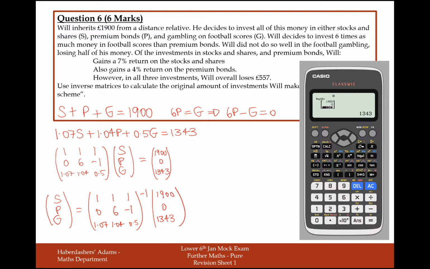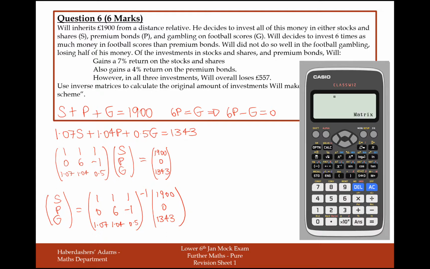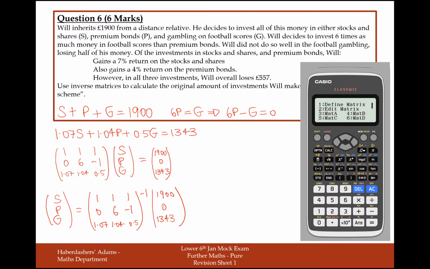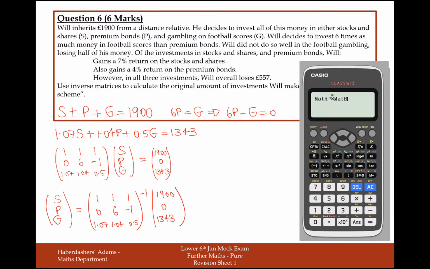Press AC to clear, and now you want to do the calculation part. You'll have to use the options part here and selecting options 3 and 4 for your matrix A and matrix B. So select option and then matrix A, and then you'll want to invert that. So you press the inverse button and then times by option and then option 4 for matrix B. And this will be the key part for your display.